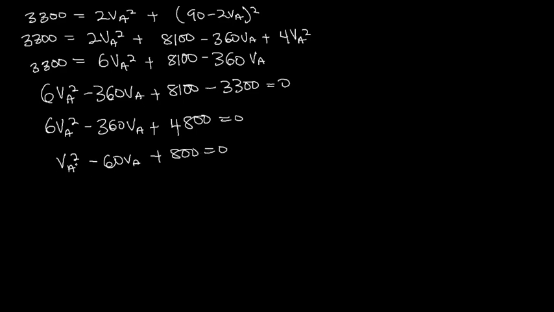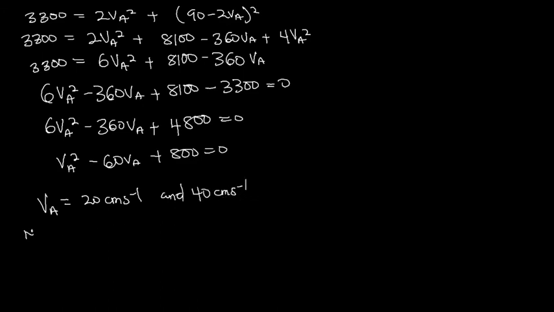Now if we solve this equation quadratically, we are going to get our va. We are going to get two values, so we get 20 centimeters per second and 40 centimeters per second.